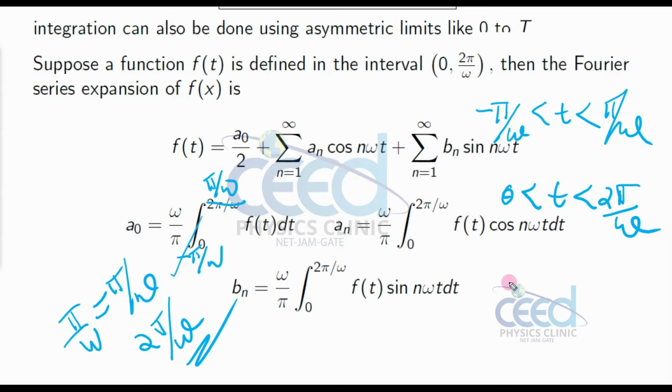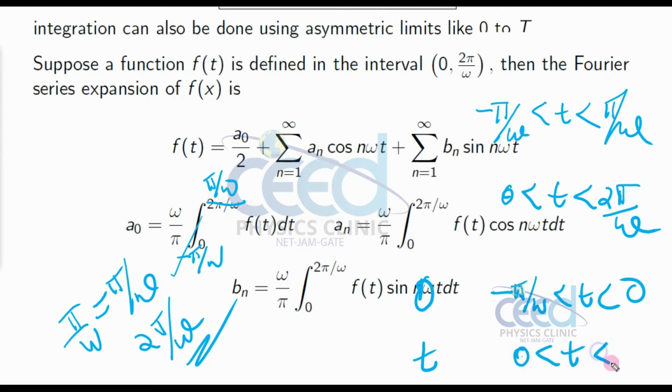Sometimes they will give the function split into two parts: f of t equal to 0 in the interval 0 less than t less than pi by omega, and another value in another interval, say f of t equal to t for minus pi by omega less than t less than 0, and 0 less than t less than pi by omega.